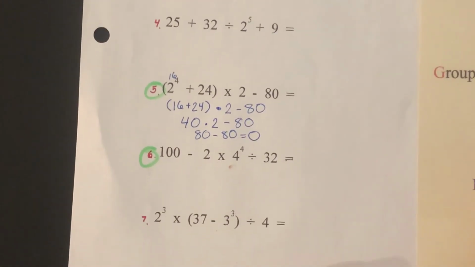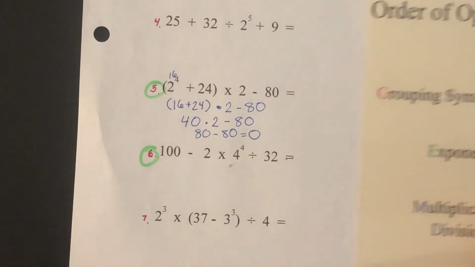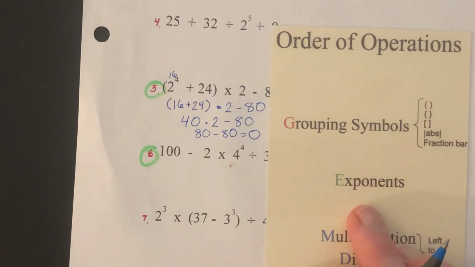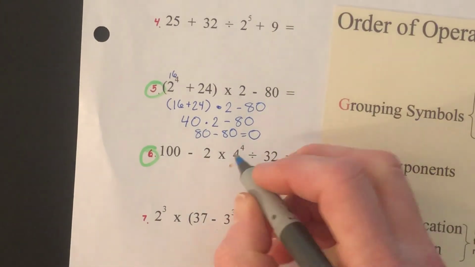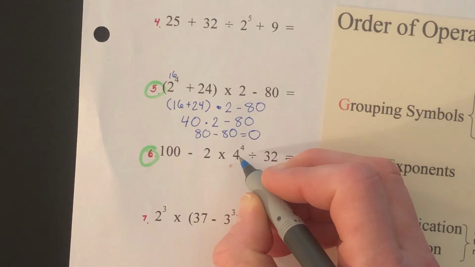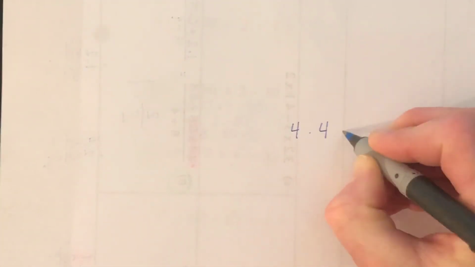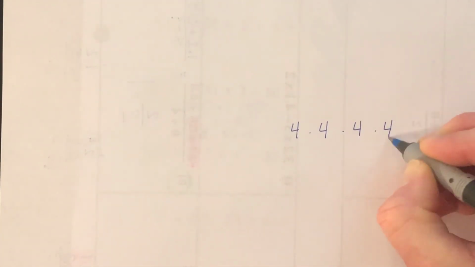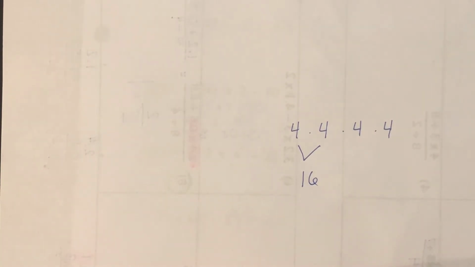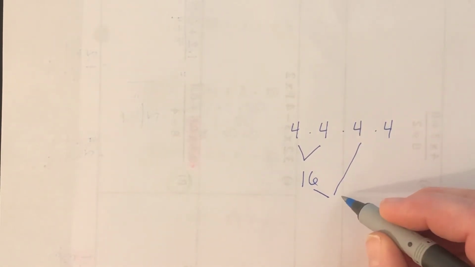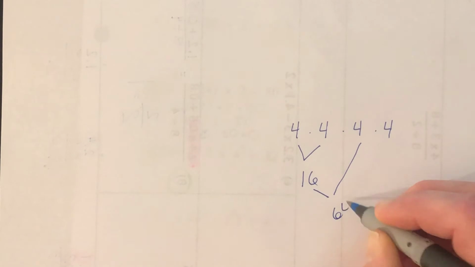Okay, and then number 6. I have no parentheses. I come down to my exponents right here. 4 to the 4th power, oh gosh, is that 60? No. I'm going to have to multiply that one out. 4 to the 3rd power, I think, is 64. 4 times 4 is 16. 16 times 4, that one's 64.